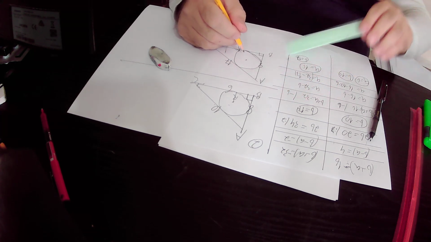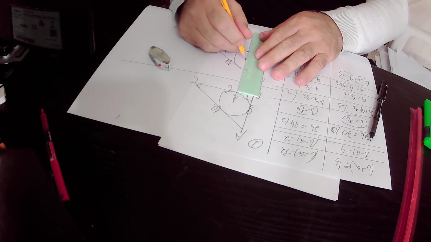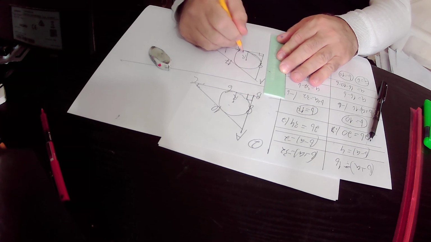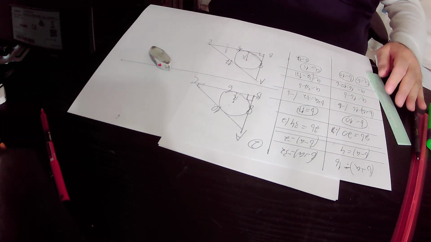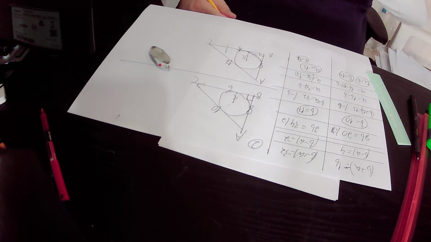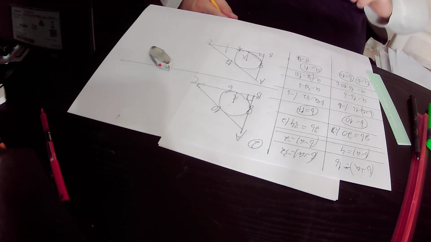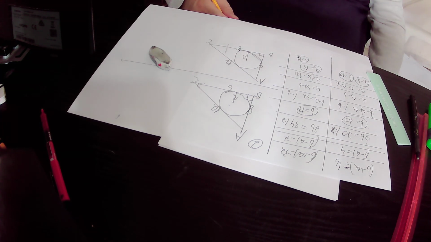Again, we define the radius of this circle as capital R. In the next step, we'll find out the radii of the two circles that are inscribed in those two right triangles, triangles ABC. Okay?